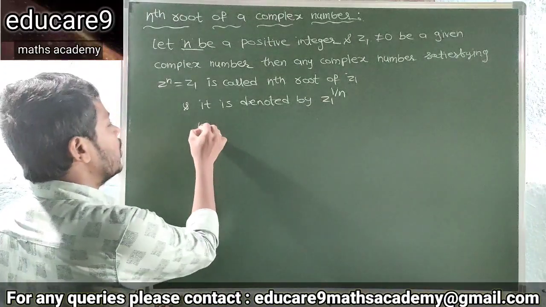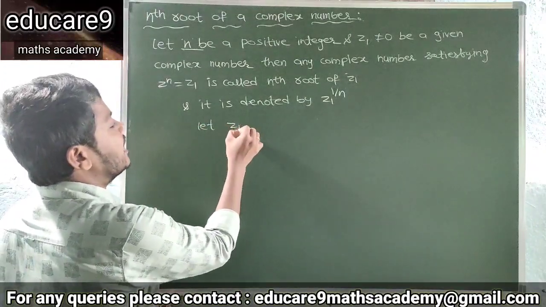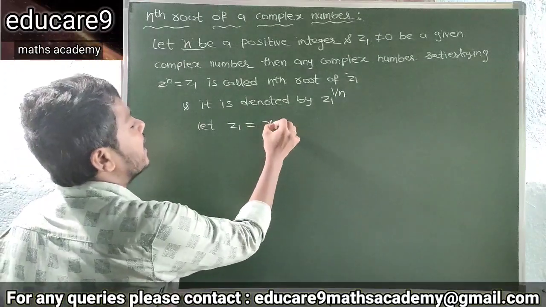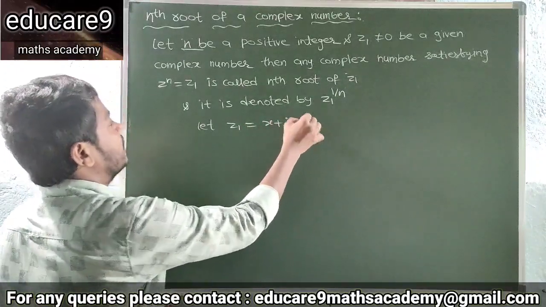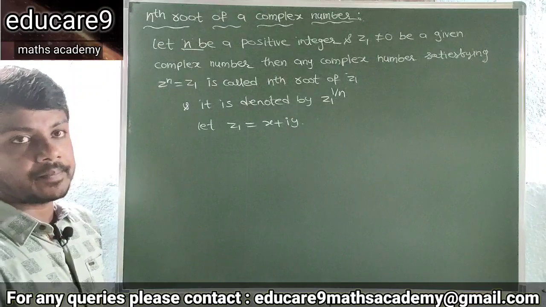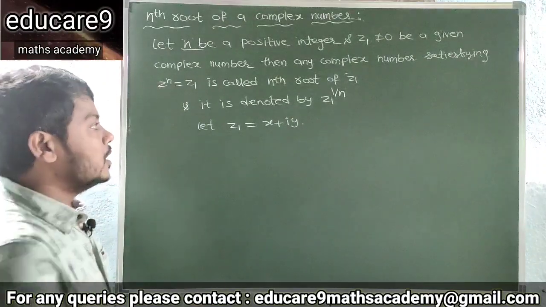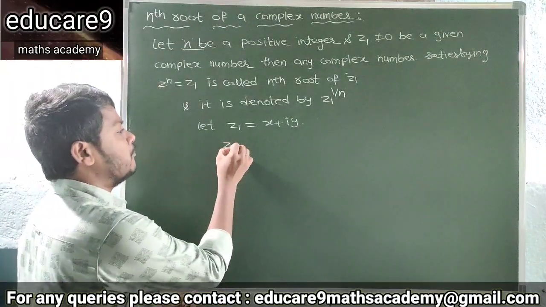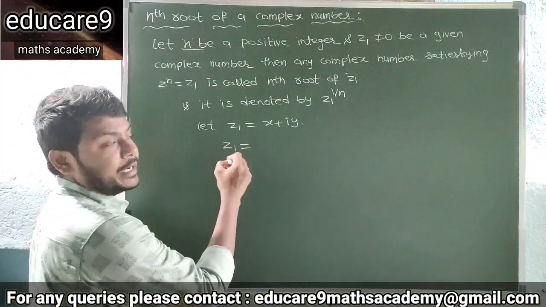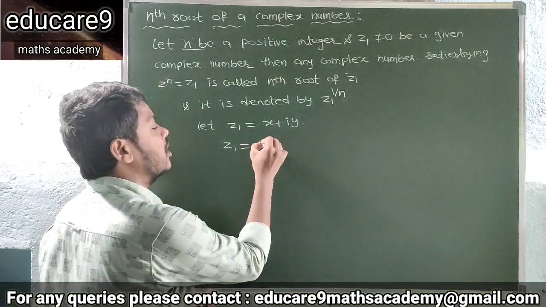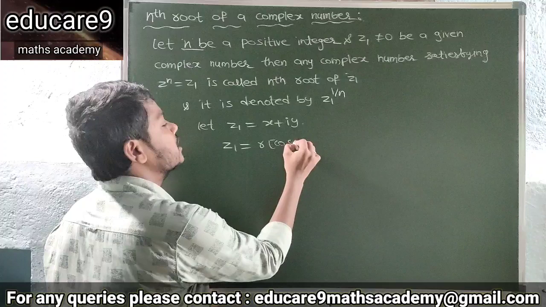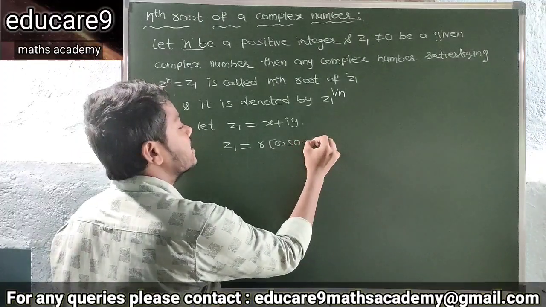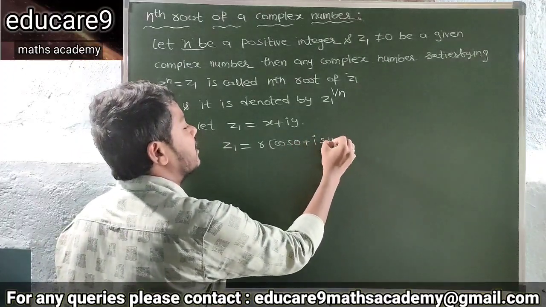For example, let z1 equal x plus iy. Now z1 can be written as r times cos theta plus i sin theta.